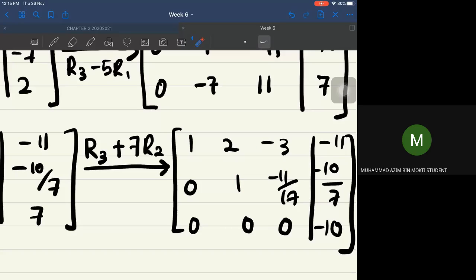And the third condition, the 1 appears to the right of the 1 in the previous row. Okay, so this is REF. So why do we not proceed? Because we can no longer proceed.